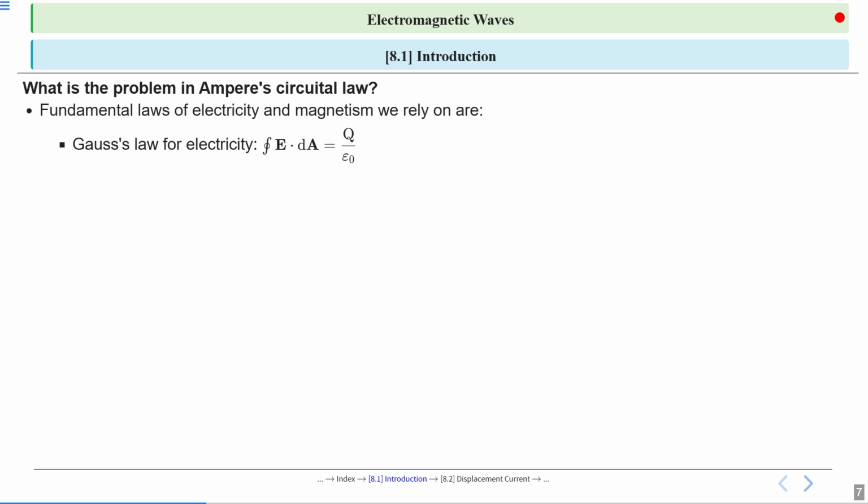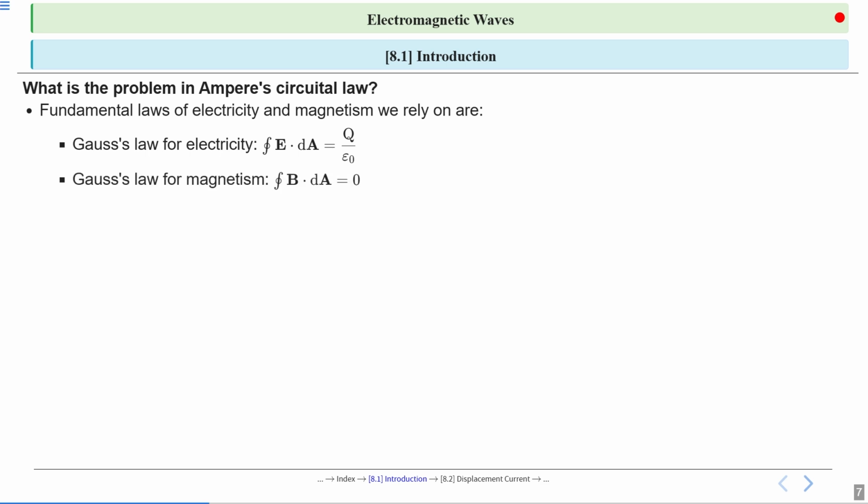That means the electric flux through any closed surface is equal to 1 by epsilon naught times the charge enclosed by that surface.